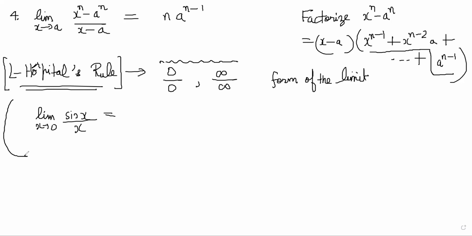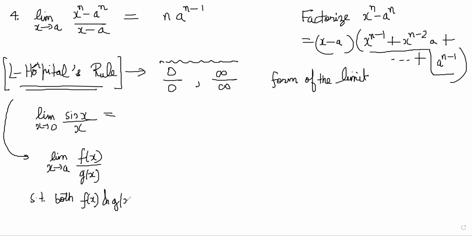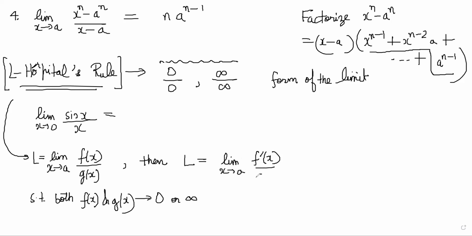And what is the rule saying? It says that whenever you have limit x tends to a of f(x) by g(x), such that both f(x) and g(x) tend to 0 or infinity, then this limit, let's say it is called L, is equal to limit x tends to a of f dash x by g dash x.